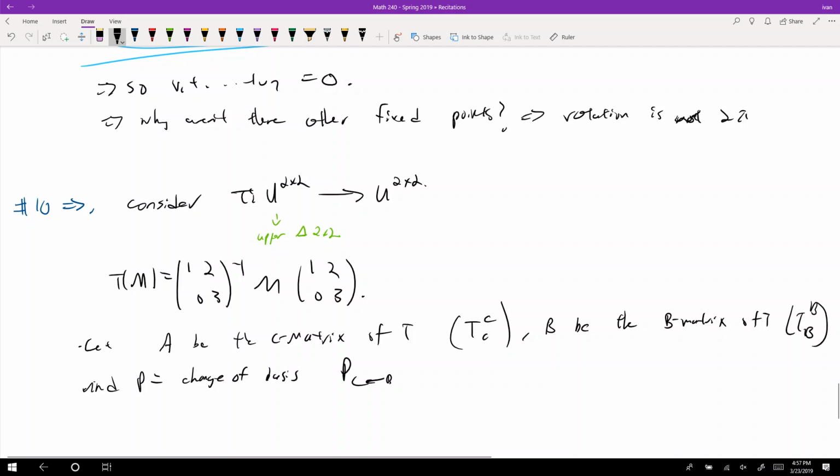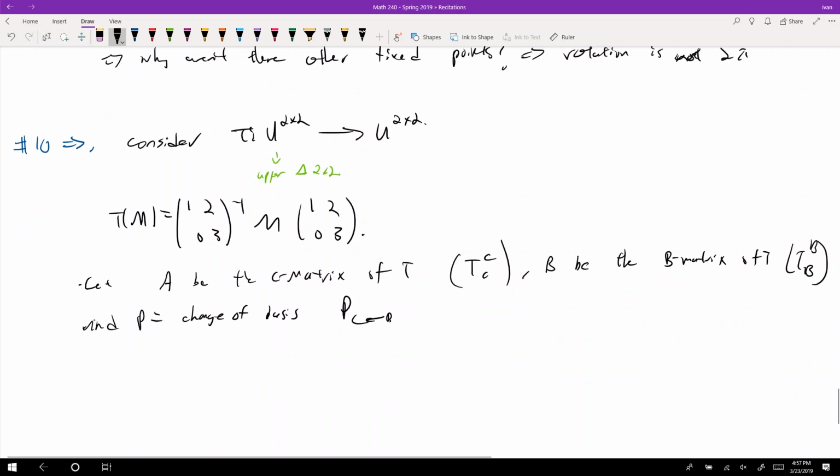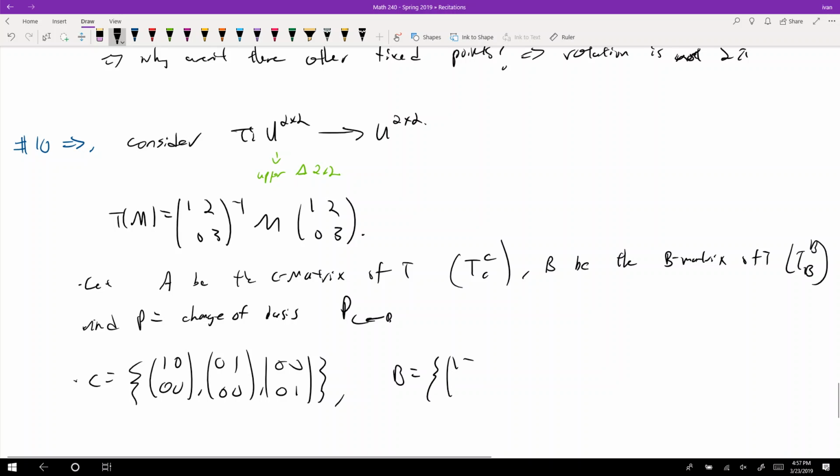Now I need to give you the bases. C is equal to [1, 0; 0, 0], [0, 1; 0, 0], [0, 0; 0, 1], and B is equal to [1, -1; 0, 0], [0, 1; 0, 1], and [0, 0; 0, 1].